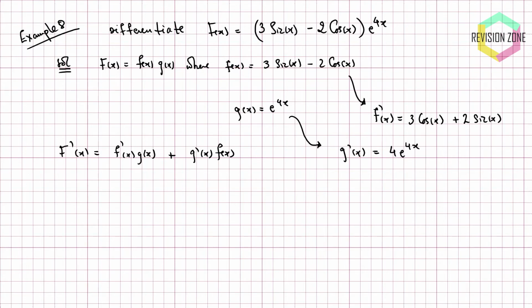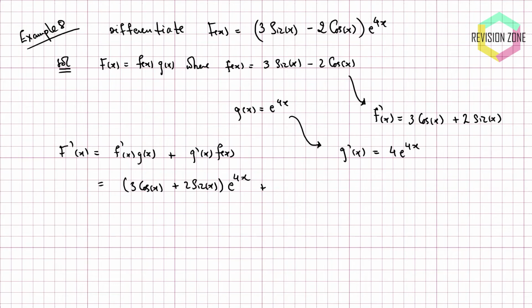So now that we have our f and g, and we have our f prime and g prime, we can just go to this function and substitute. So let's do that directly. So f prime is of course 3 cos x plus 2 sine x, and g is, of course, we have that here, so g is just e to the 4x, and then there's a plus from that, and then we need g prime.